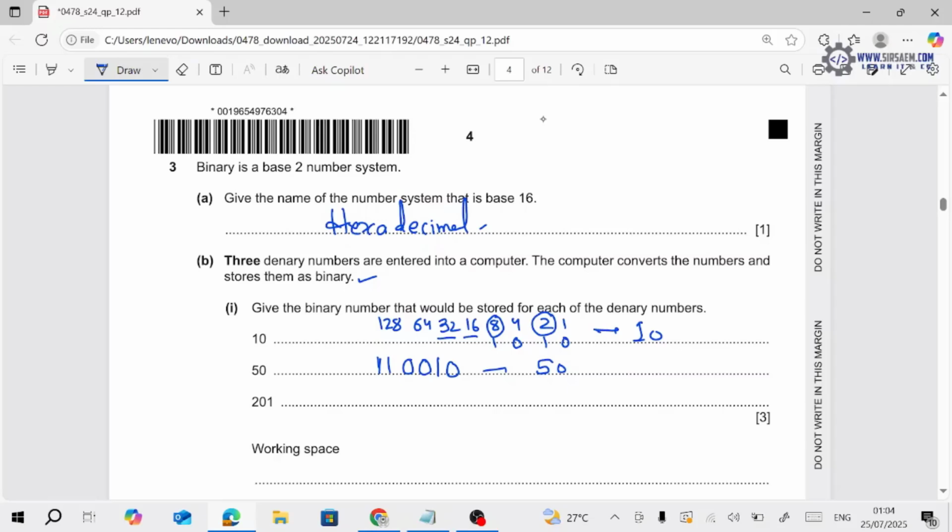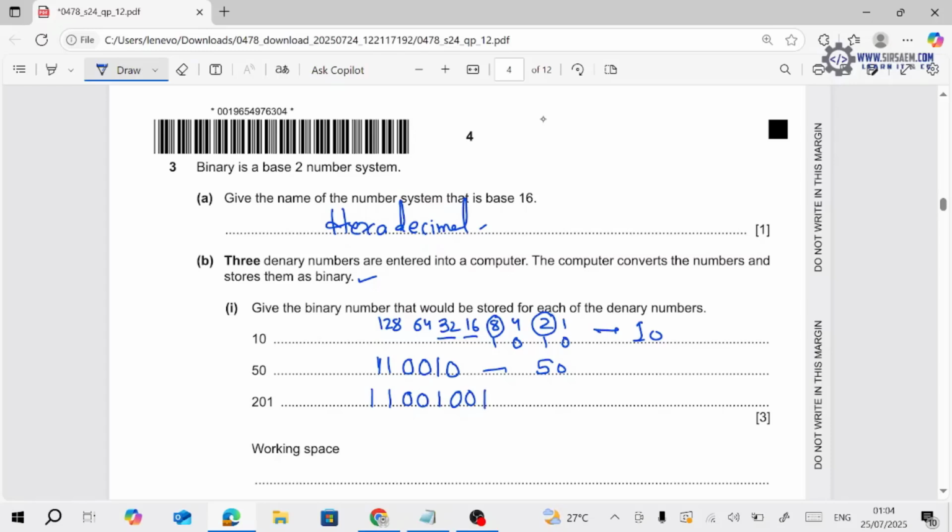And if I want 201, very interesting, I would be writing 1, 1, which is 128 plus 64, plus 8 and plus 1.